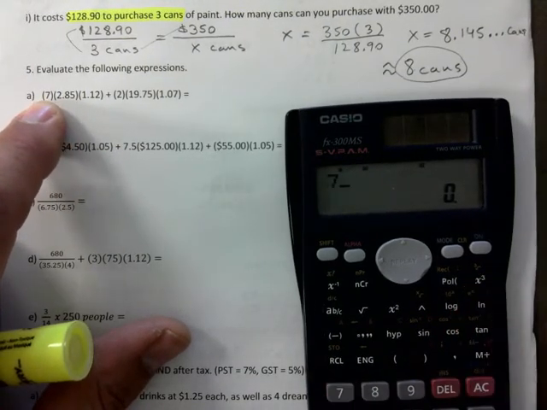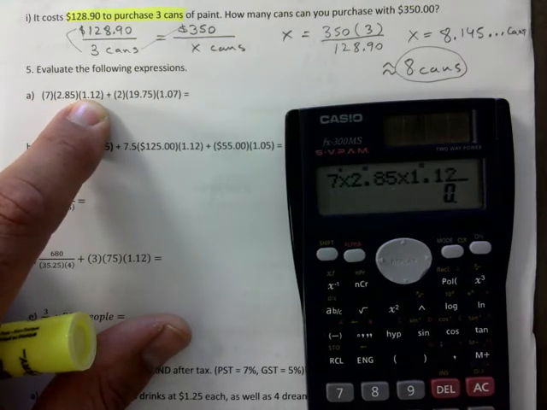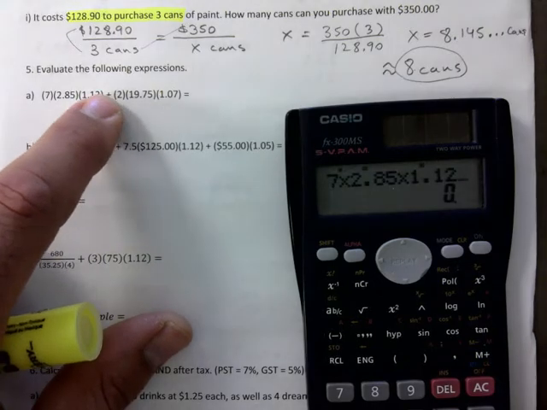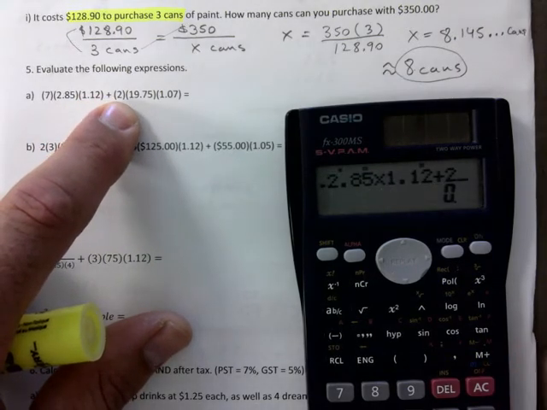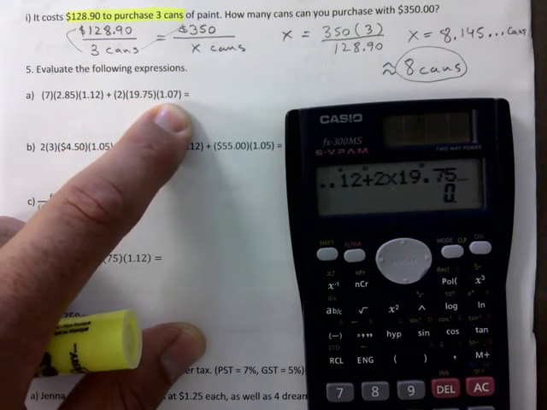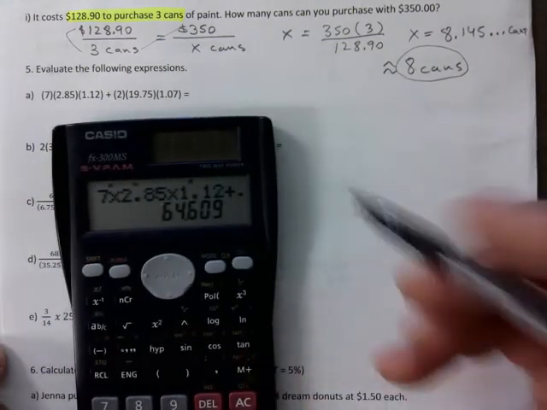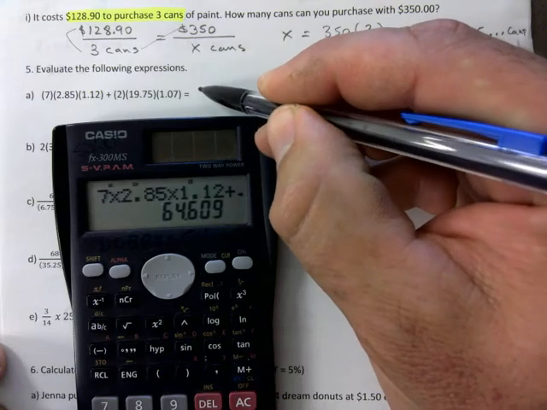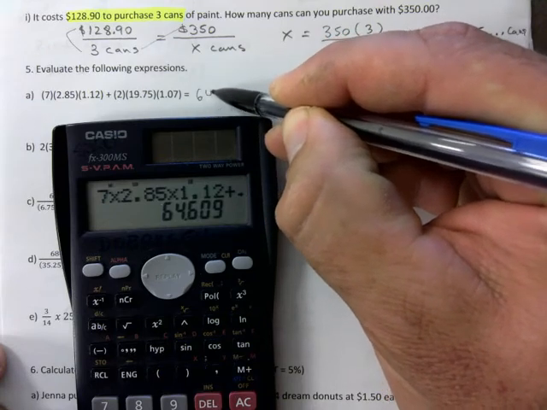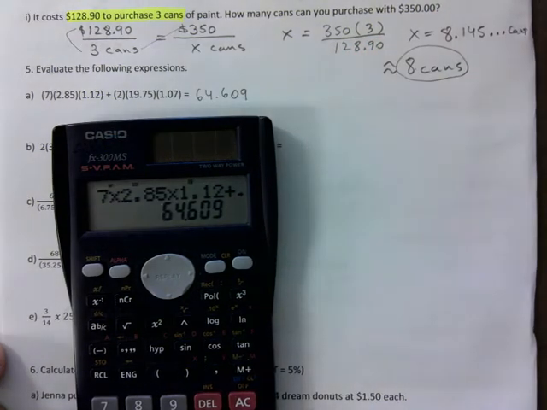So I'm going to go 7 times 2.85 times 1.12 plus 2 times 19.75 times 1.07. And I get 64.61. That's what I got when I did it all in one shot.